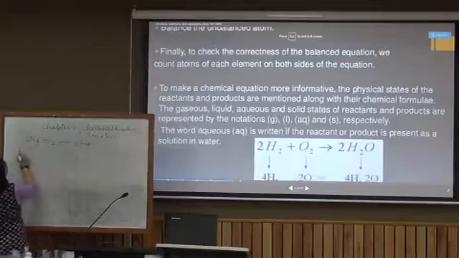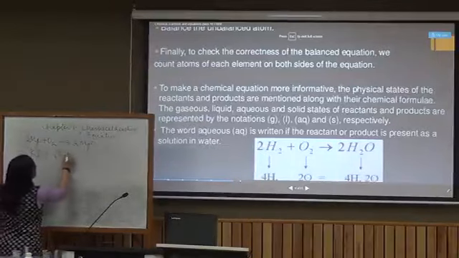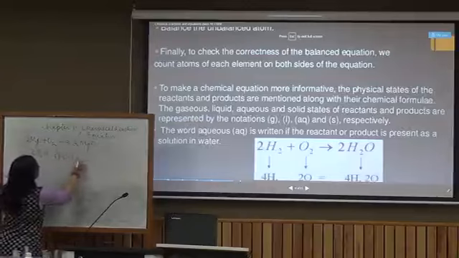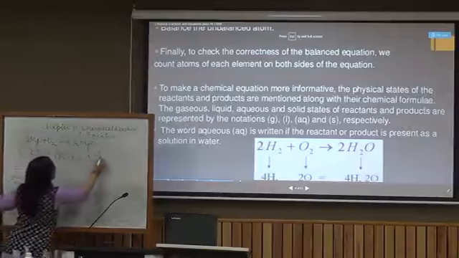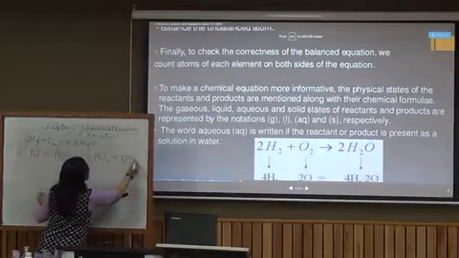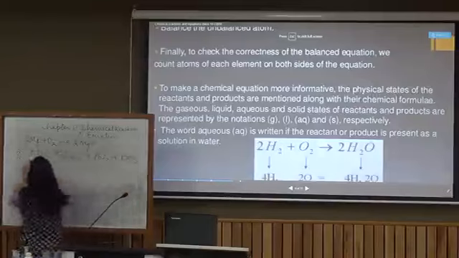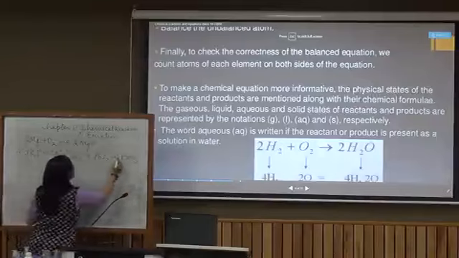The balanced chemical equation was this. We treated potassium iodide with lead nitrate to obtain lead iodide yellow precipitate and potassium nitrate. So we get the reaction balanced like this.